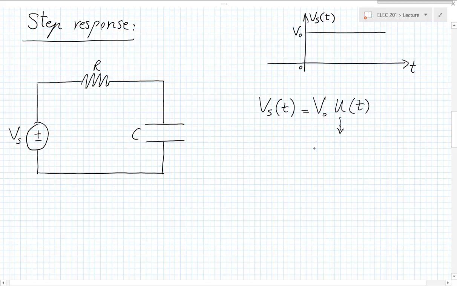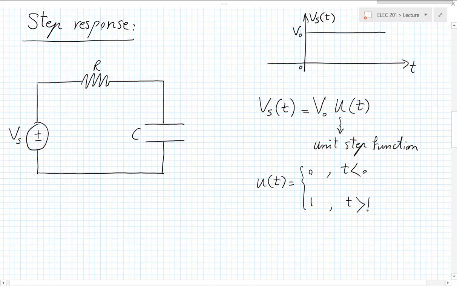And this is called the unit step function, which is defined like this. It's 0 for t less than 0 and 1 for t greater than 0. So it's just a step function, and our input voltage in this case is a scaled version of that by value V naught.